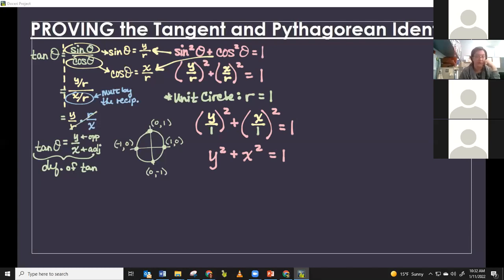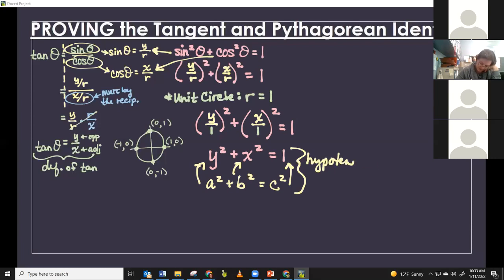And that is true in my unit circle. That is a squared plus b squared equals c squared. This is my hypotenuse, which is the same as the radius of my unit circle.